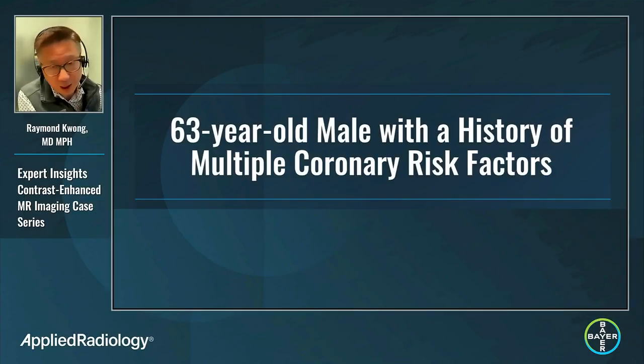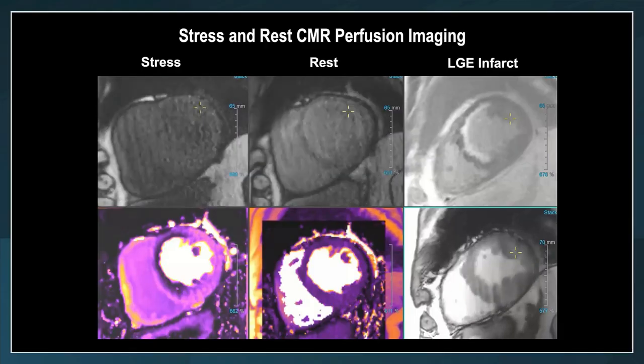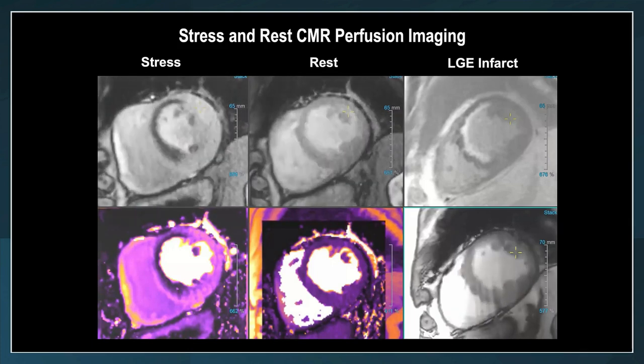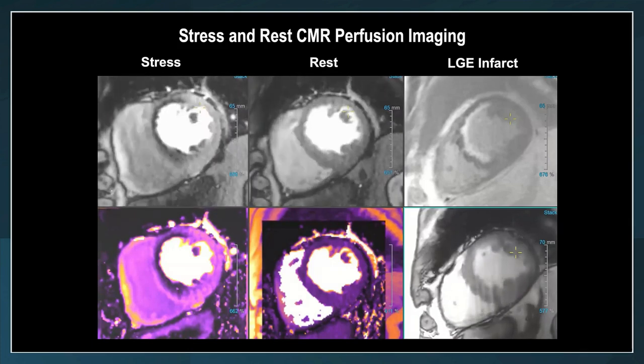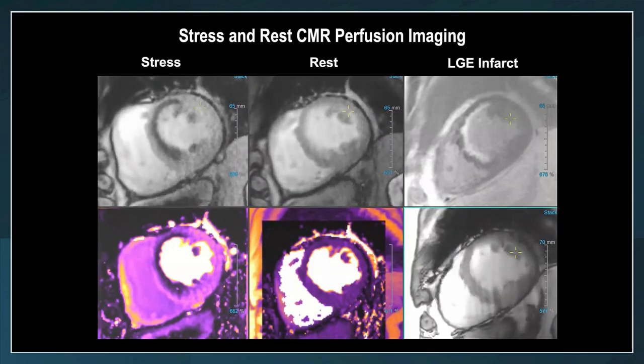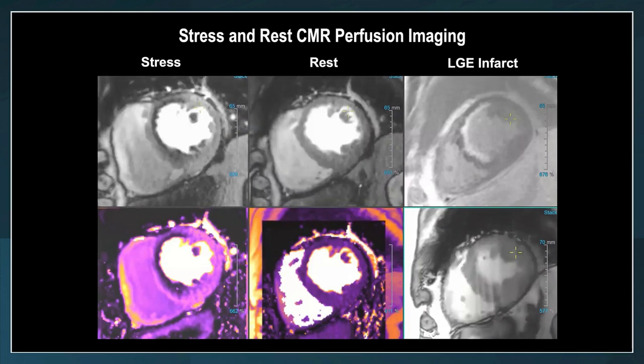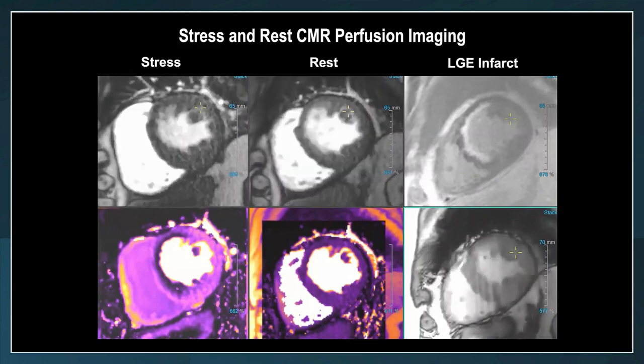I will demonstrate the cardiac MRI methods by showing a case from a 63-year-old gentleman with a history of multiple coronary risk factors. The current MRI techniques have high resolution. On the left are the stress perfusion images, and the middle column are the rest perfusion images.